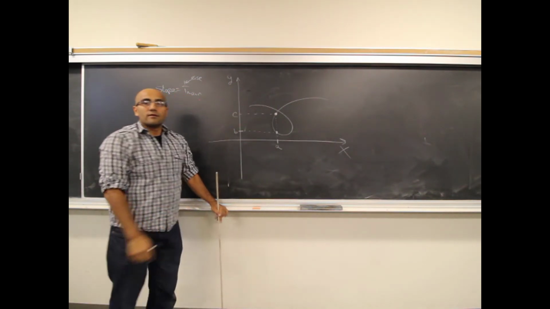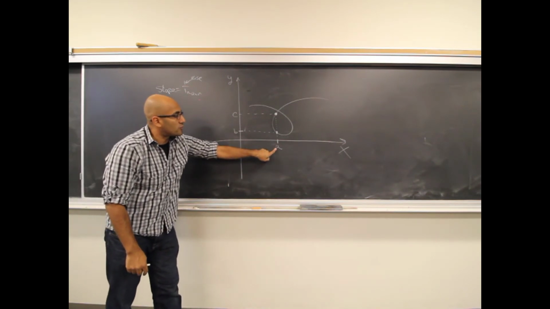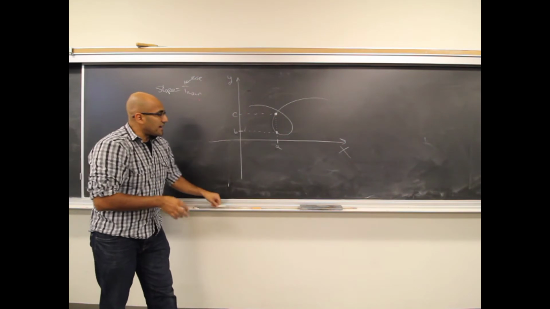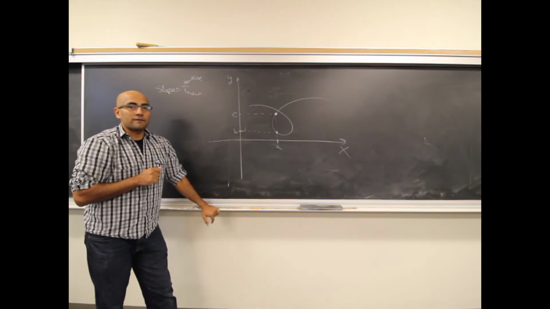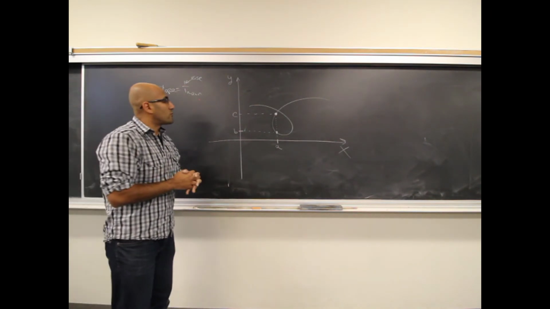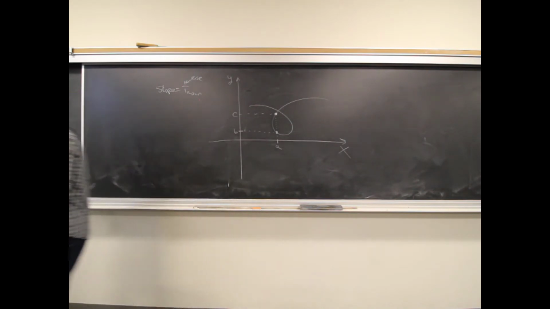We have a problem, right? There is at least one point along the domain that leads to more than one value along the range, so it's not the graph of a function. Okay, so the vertical line test: if we sweep this line across and it ever touches more than one point, then it is not the graph of a function.